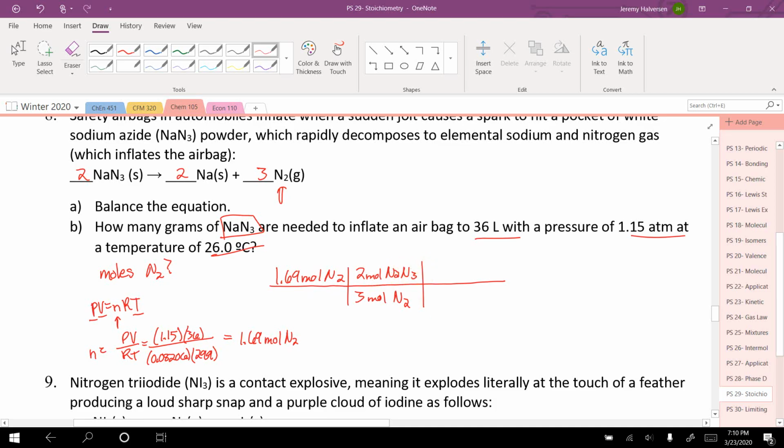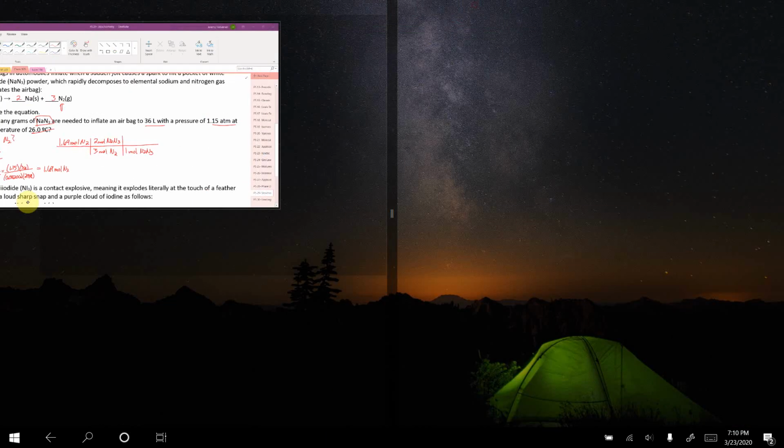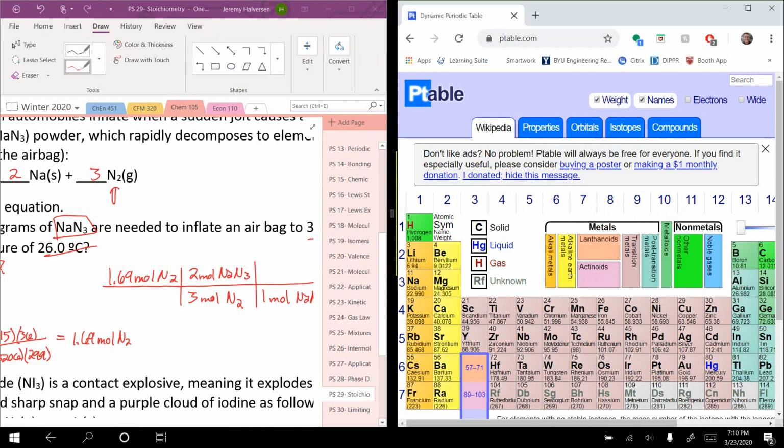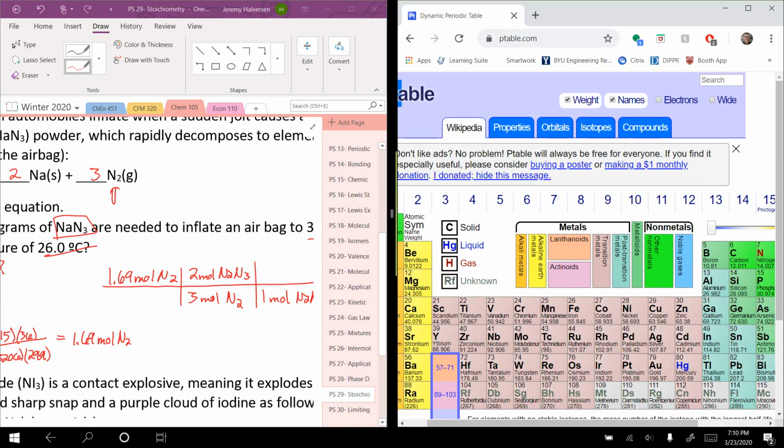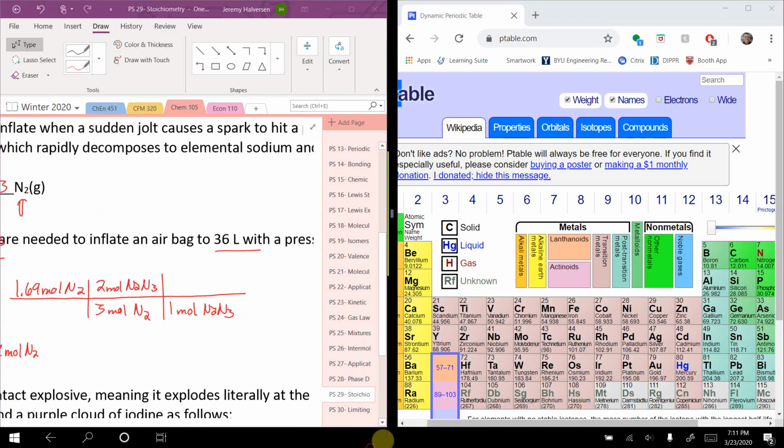And then lastly, they want grams, and so I know that 1 mole of NaN3, now I got to get my molar mass of NaN3. And I get a molar mass of 65.01 grams.